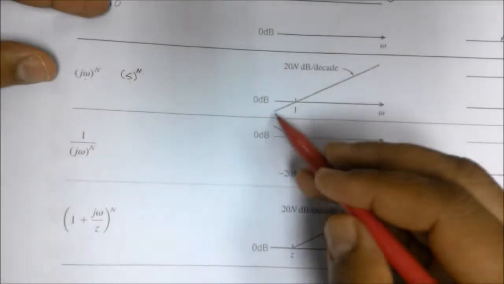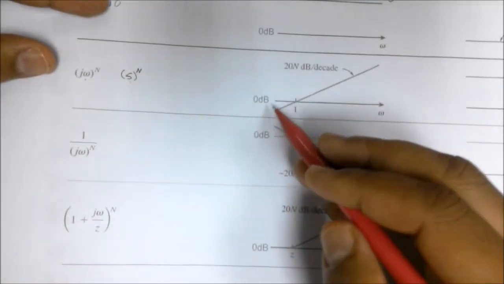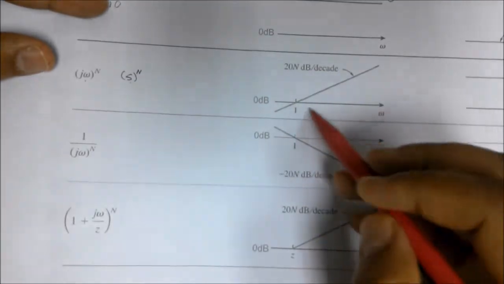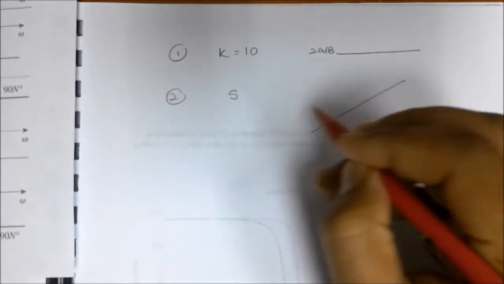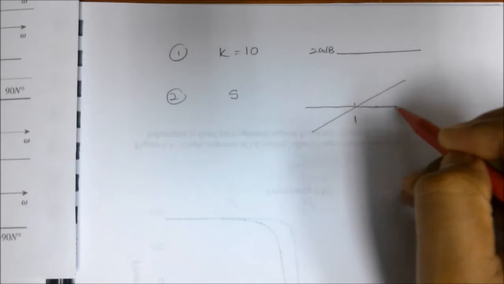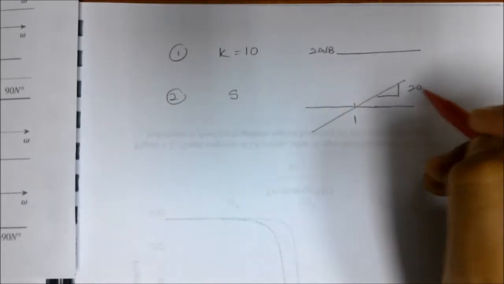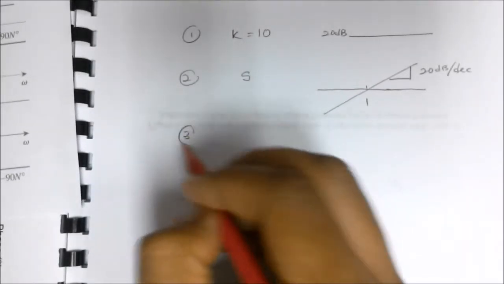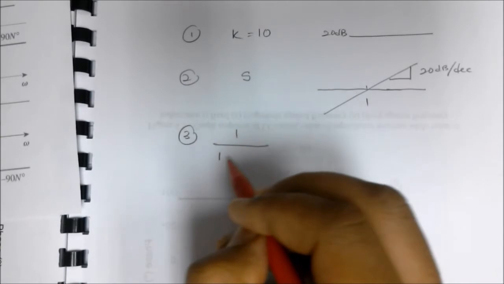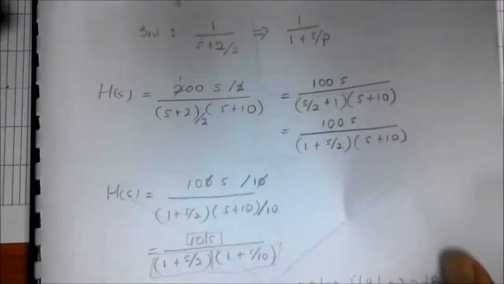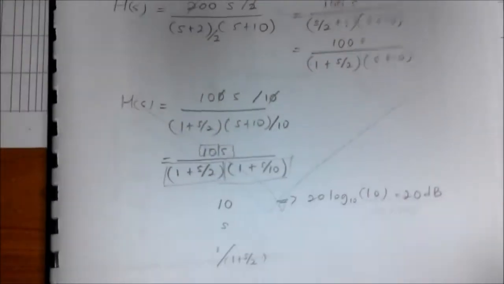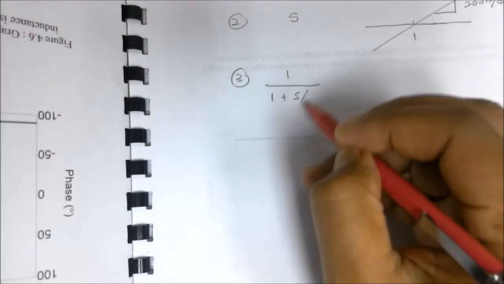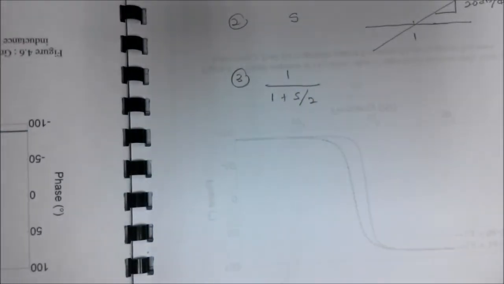Alright, so the second factor is s. For s, what we have is a straight line with 20 dB per decade crossing at 1. So we will have this. This is 1, and the slope is 20 dB per decade, right? And the third one is 1 over 1 plus s over 2.